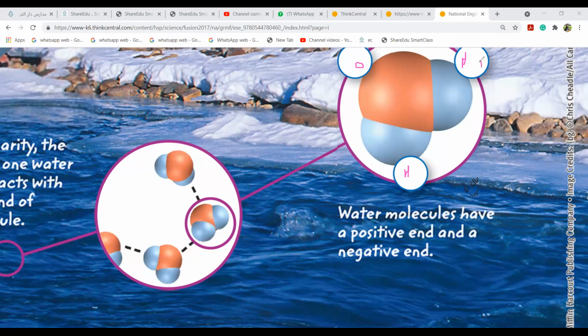Hydrogen has a positive end and oxygen has a negative end. So one time this oxygen will connect to hydrogen and the other time hydrogen will connect to oxygen. This way it goes on. Do you see here? Red to blue, blue to red, then blue to red. Do you see how it is connected? Girls, can you understand? Yes.